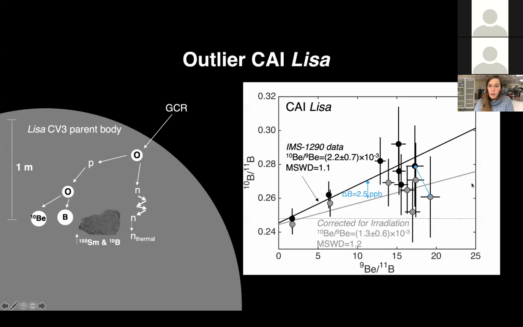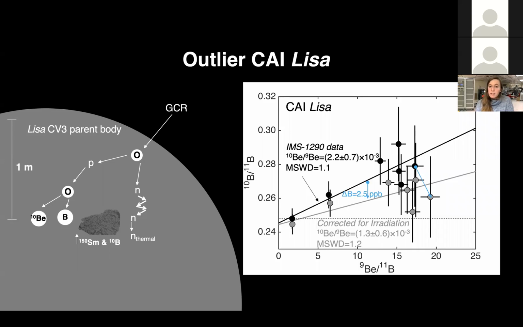So if you subtract some boron from the original data, only 2.5 parts per billion, you can actually move the data points to the gray data points and produce a slope that's about 13 plus or minus 6 times 10 to the minus 4.